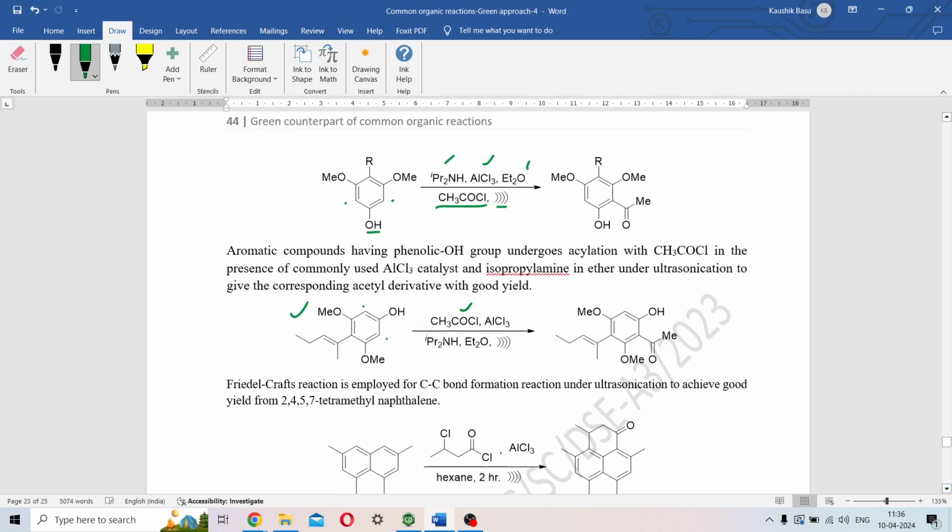These two positions are for sure equivalent, and you can see there is a free OH in this reaction, but under sonication this OH is not interfering with the reaction. Otherwise it would have complexed with the AlCl3 and it would have led to further complications.